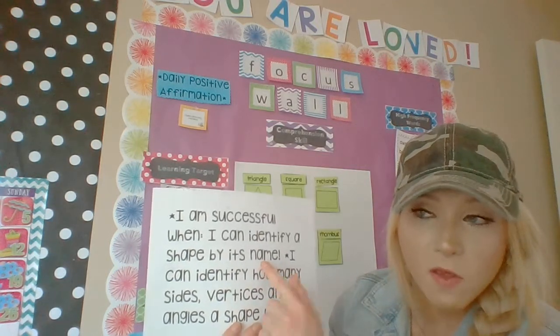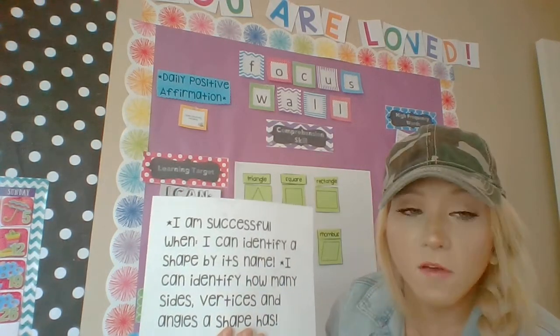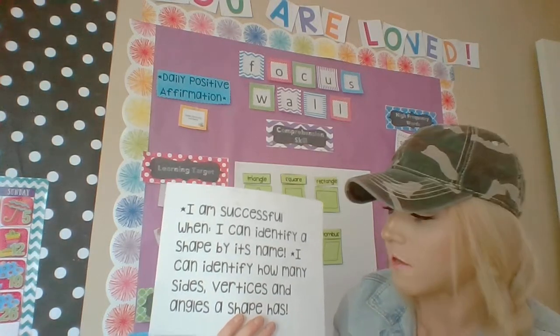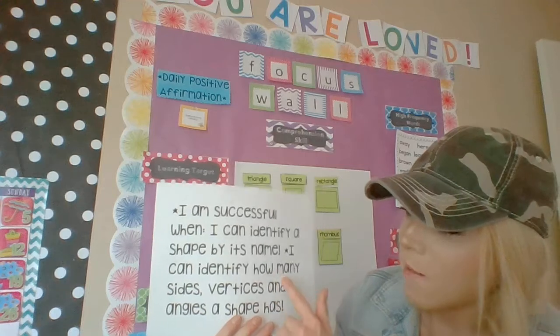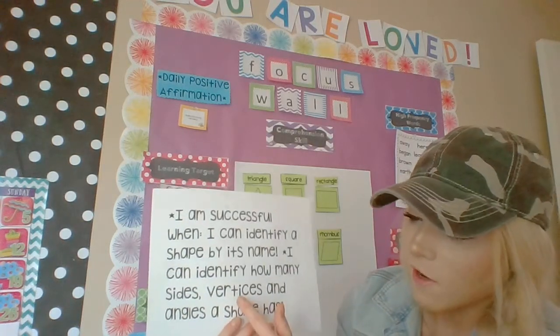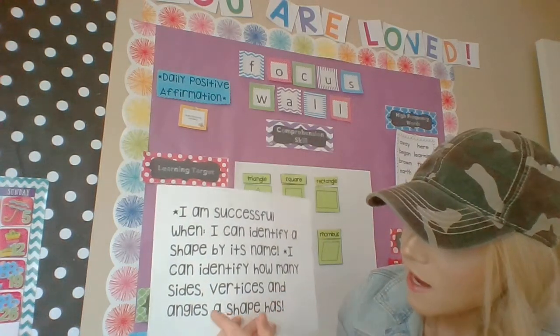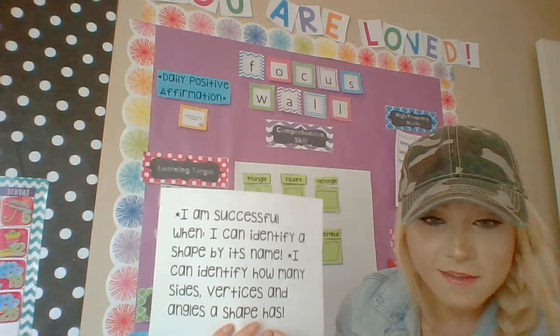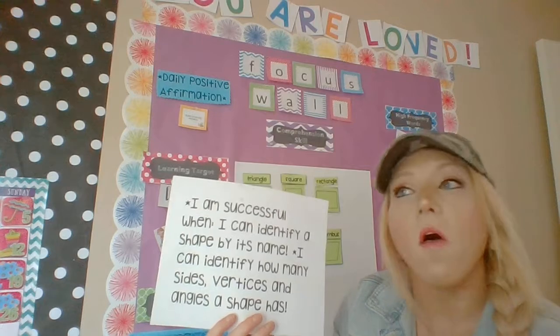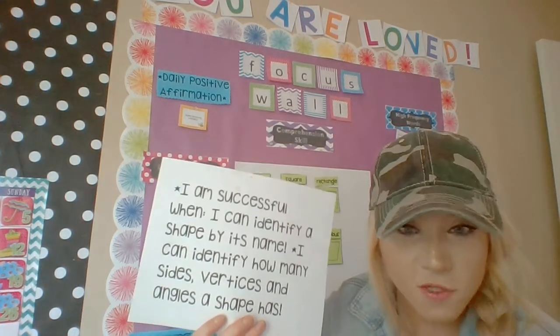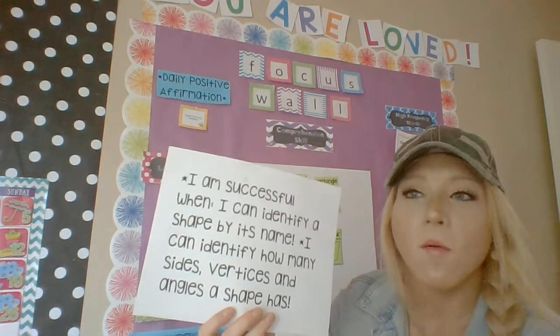So you can look at a shape, know what it's called, and say its name out loud by yourself. I can identify how many sides, vertices, and angles a shape has. Sides, vertices, and angles are all a shape's attributes. We just learned that word.